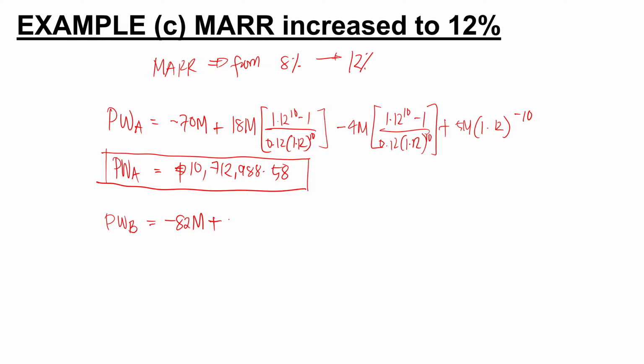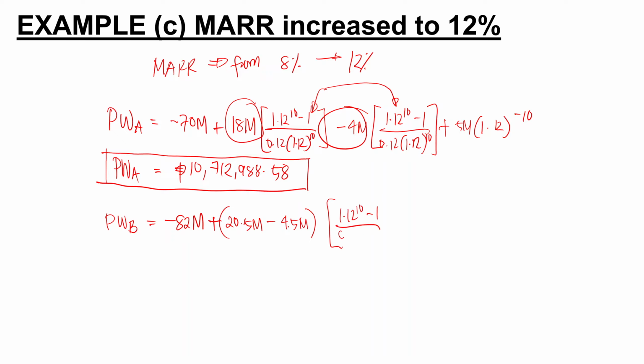Okay, let's continue. We have our 20.5 million. And since they have the same base, the same year, we can just add them because they are the same per annum. We can get the net. This is just 20.5 minus 4.5 million, and that is 16 million times 1.12 raised to 10.